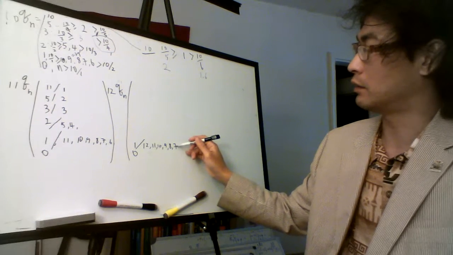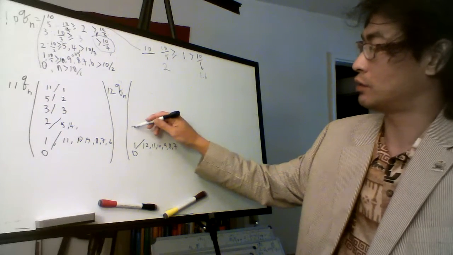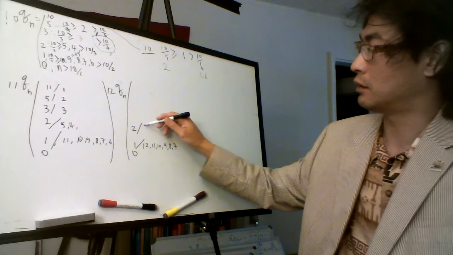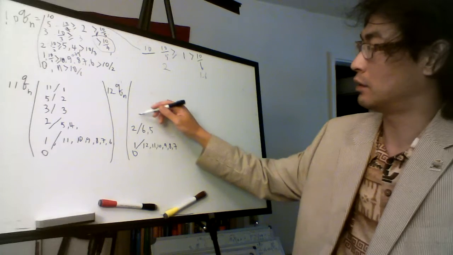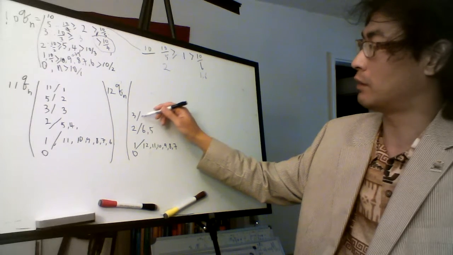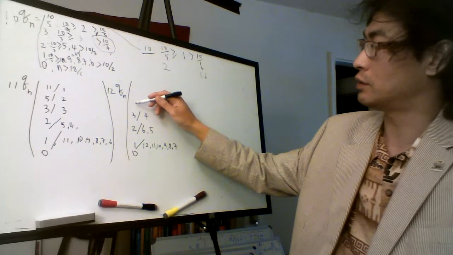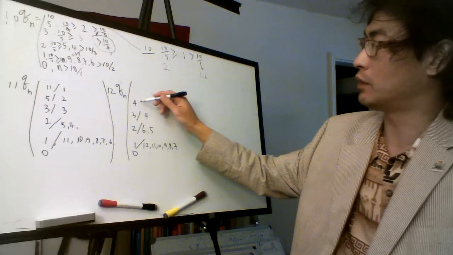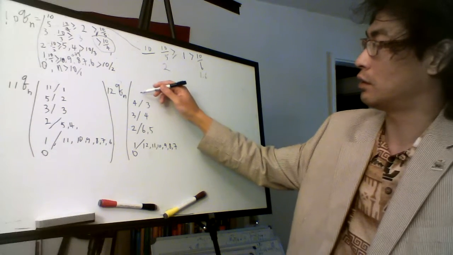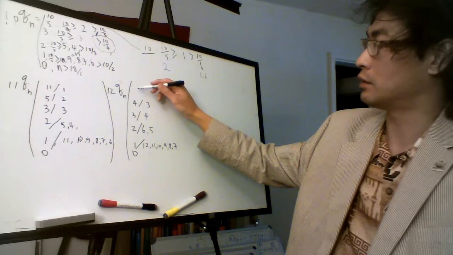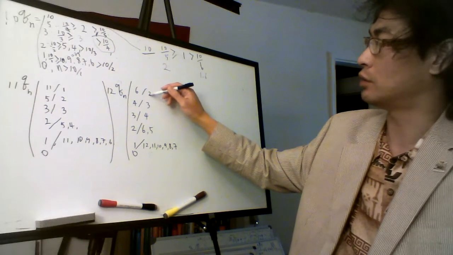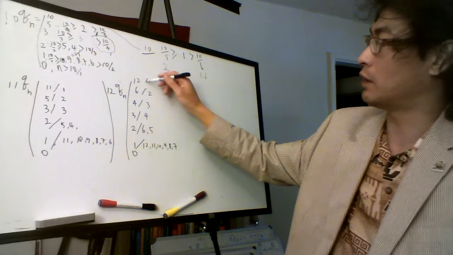Quotient is 2 when we divide by 6, 5. Quotient is 3 when we divide by 4. Quotient is 4 when we divide by 3. There's no 5. Quotient is 6 when we divide by 2. Quotient is 12 when we divide by 1.